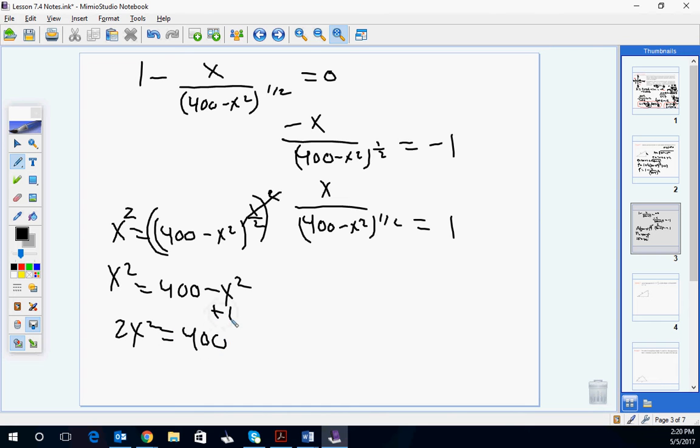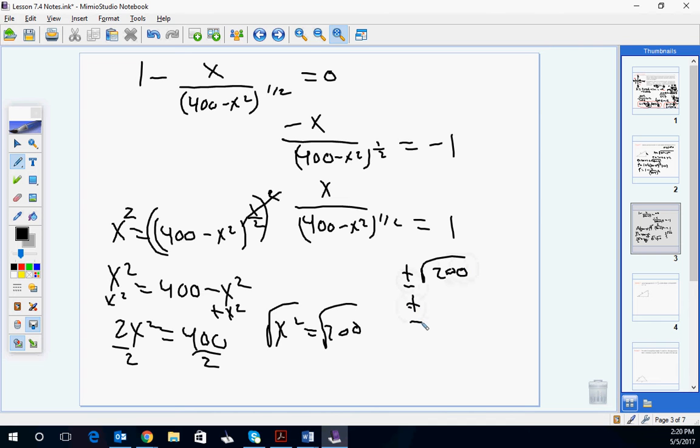I add that over and divide by 2. So our critical values are plus or minus root 200, or plus or minus 10 root 2. Those are our critical values.